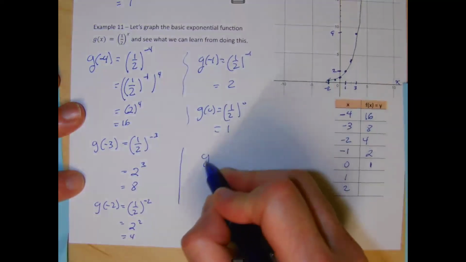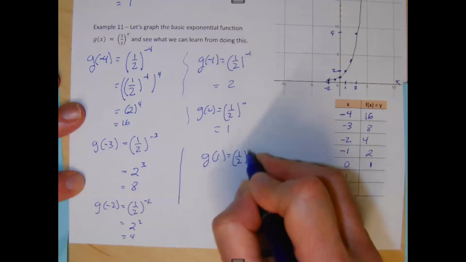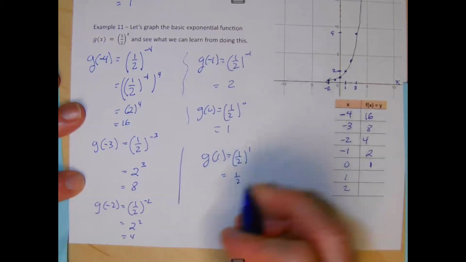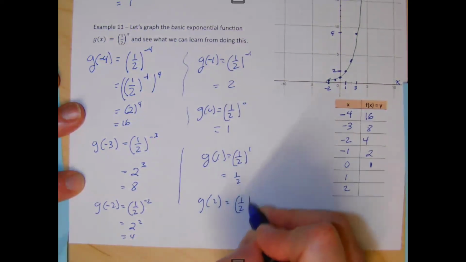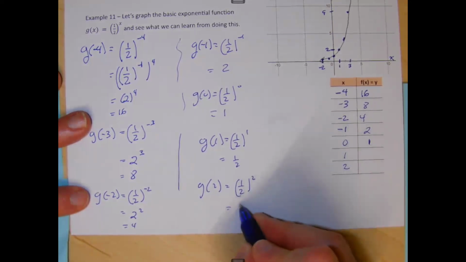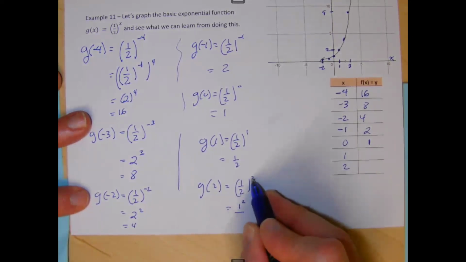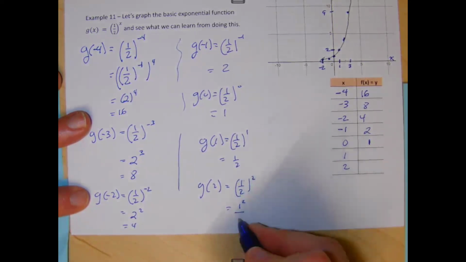And finally, g to the first power gives me 1/2. g to the second power. So again, I can think of this as half times half, or if you prefer, give the exponent to each one: 1 raised to the second power, 2 raised to the second power.